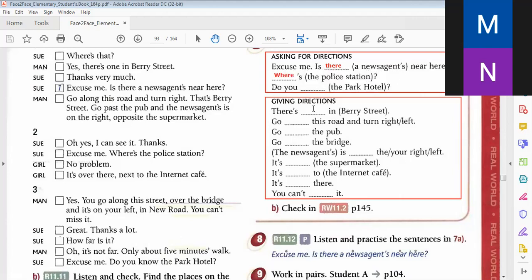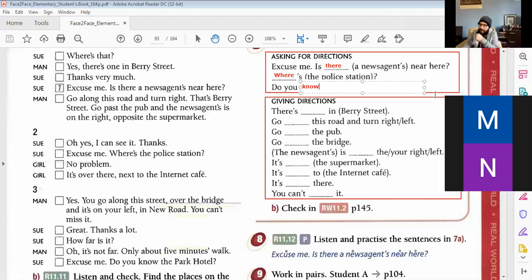What about number 3? What do you think? Do you know the Park Hotel? Okay. And when we want to give directions, what about number 1 in the media? What do you think? Excuse me, is there news?